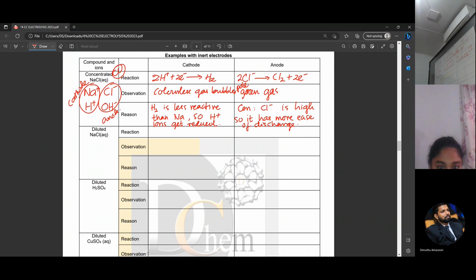You don't use dilute concentration because the cathode is so we use only one group. What is the rule? And inside the cathode, the next reactive makes iron of less reactive.